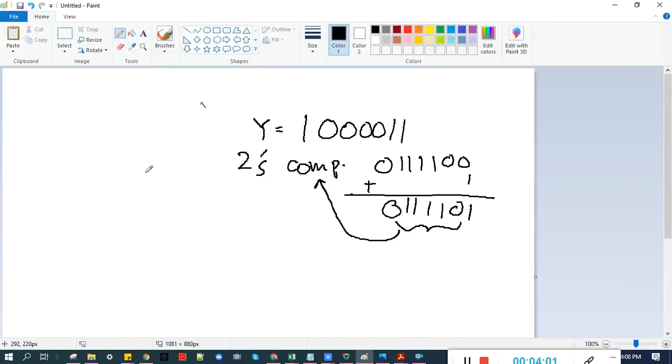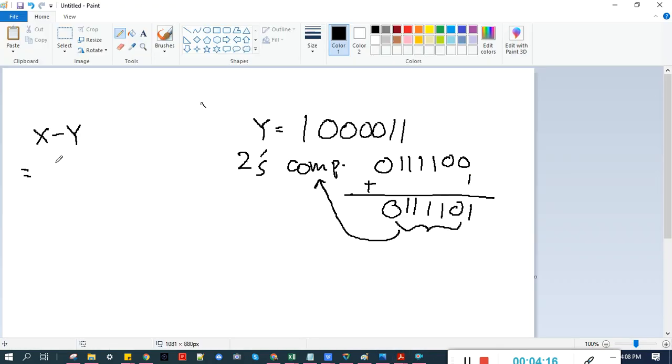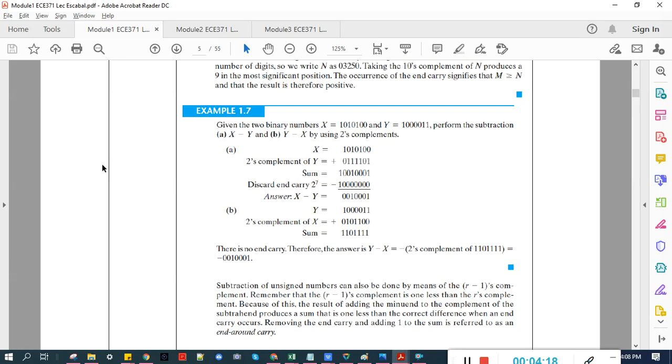So x minus y equals x, which is 10101000.